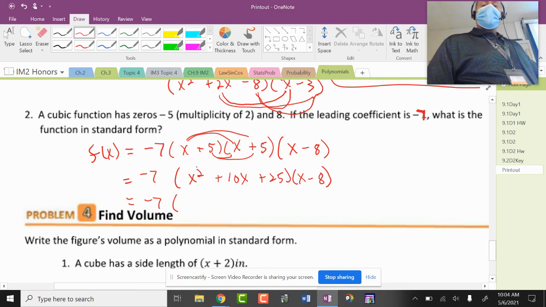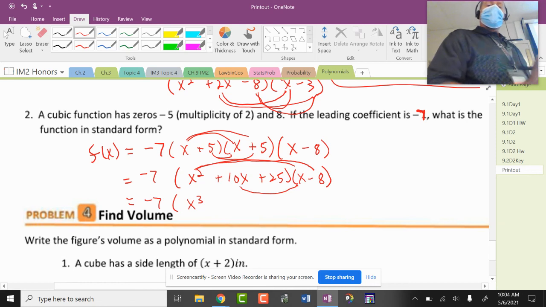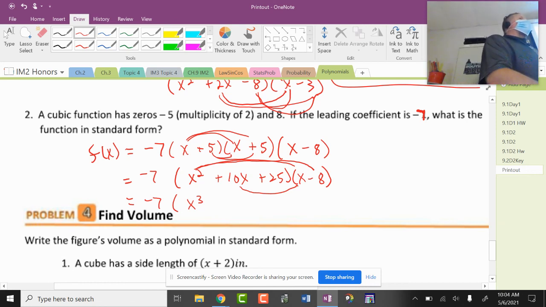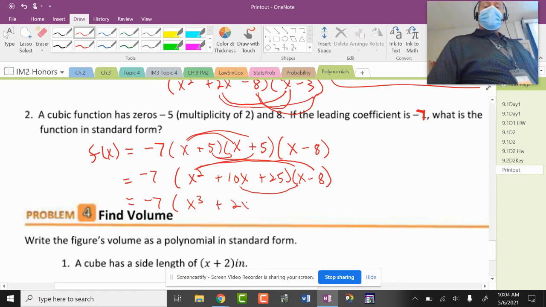-7 times x cubed. If you draw the lines, you should be able to do this. -8x squared and 10x squared. What's -8 plus 10? 2x squared. Pause and then calculate.